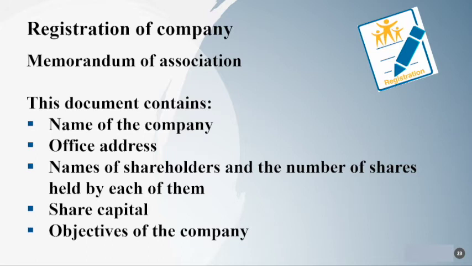Memorandum of Association. This document contains name of the company, office address, names of shareholders and the number of shares held by each of them, share capital, and objectives of the company.